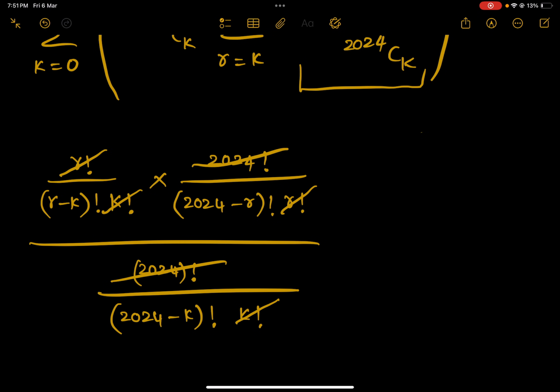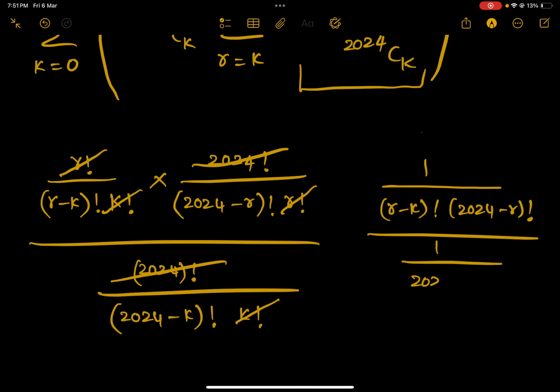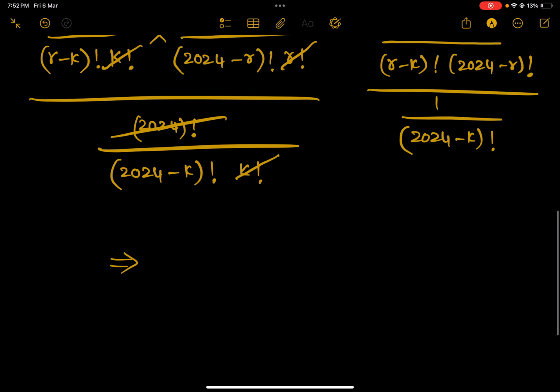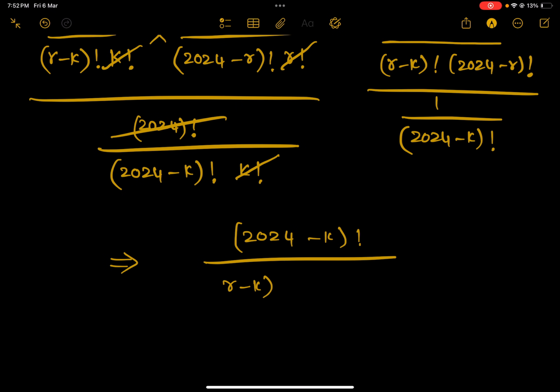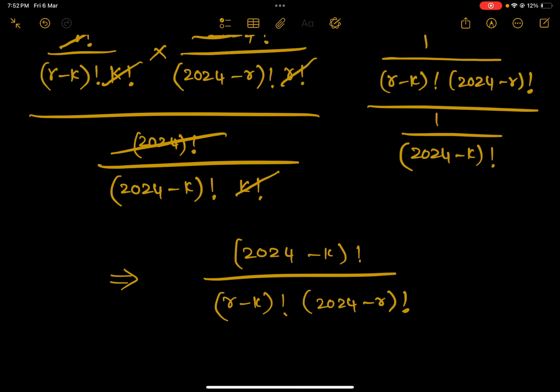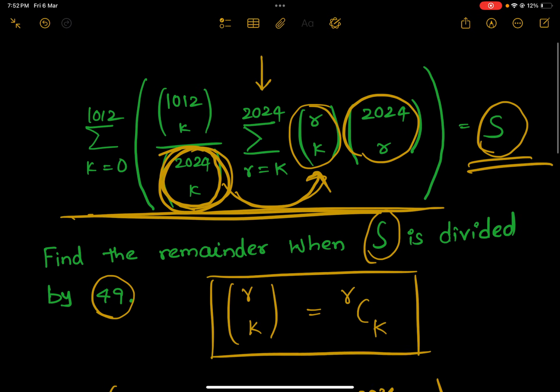In the numerator, you have 1 upon (r minus k) factorial multiplied by (2024 minus r) factorial, and here you have 1 upon (2024 minus k) factorial. Which is essentially (2024 minus k) factorial upon (r minus k) factorial multiplied by (2024 minus r) factorial. This is what you have inside your summation.